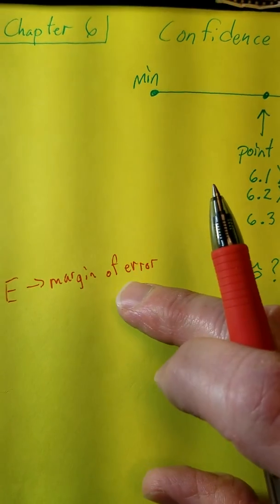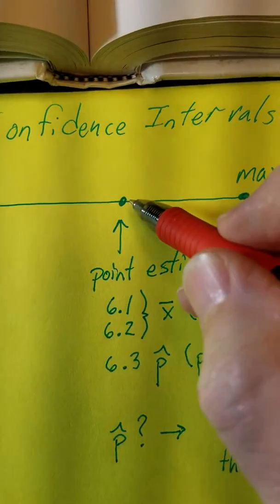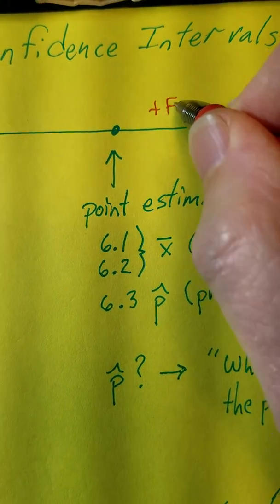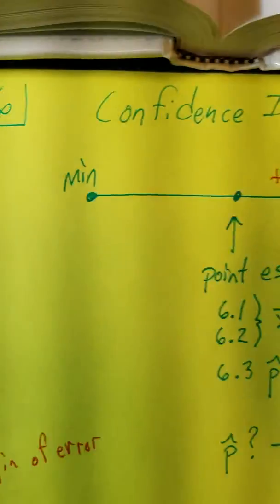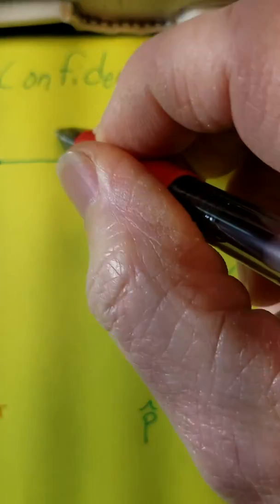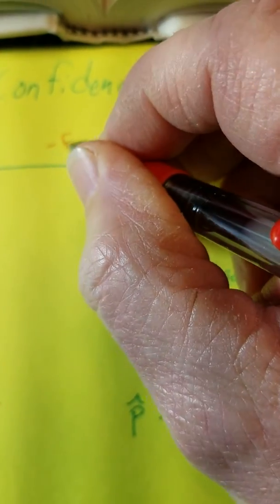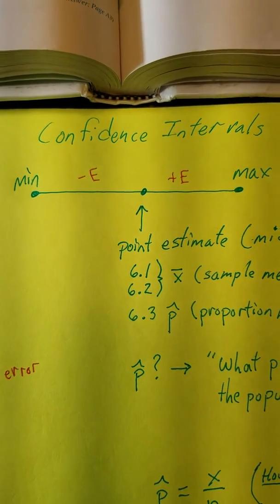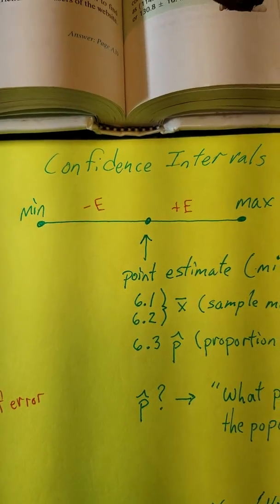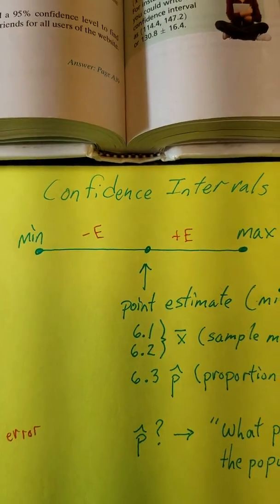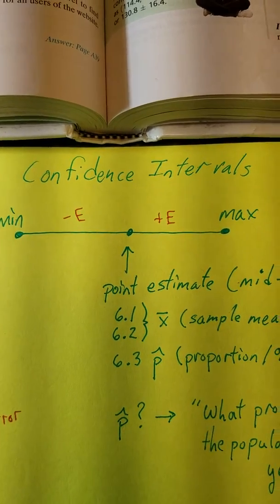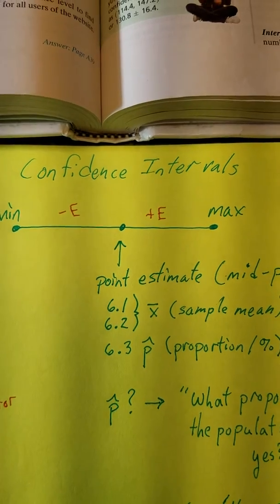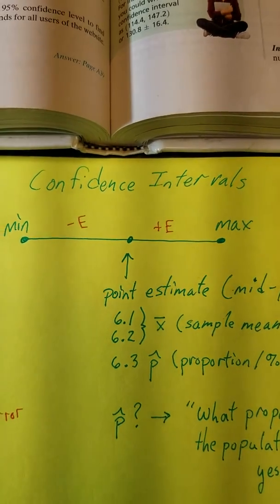When you've found that, if you know this midpoint, you add the margin of error to get the max, and you subtract it to get the minimum. I'll show you the formulas to come up with that margin of error if you have to, but most of the time in the homework they have you find maybe parts of it.